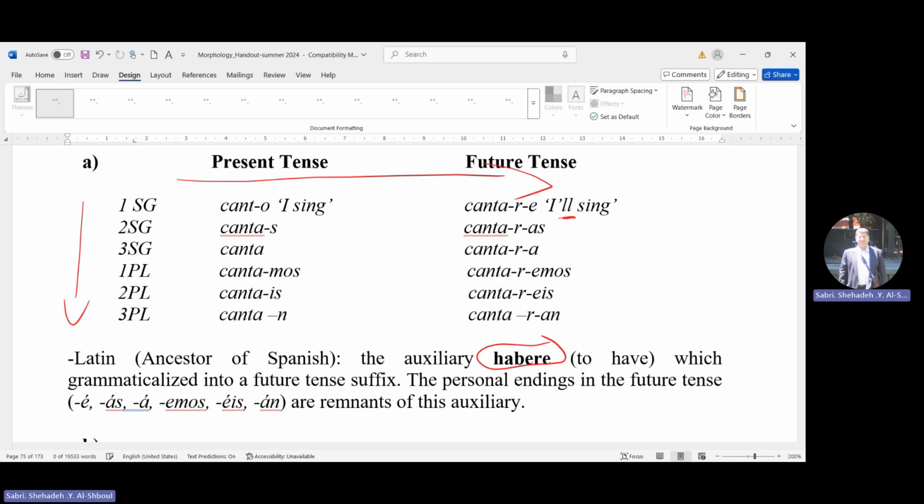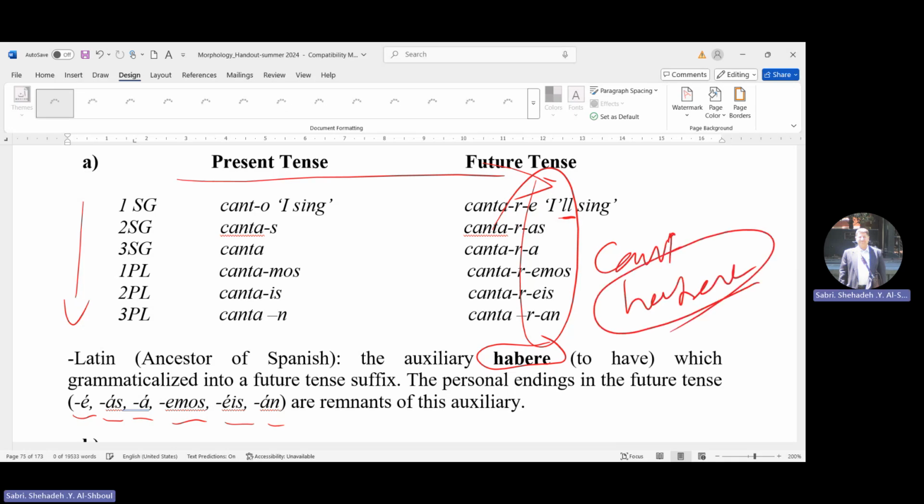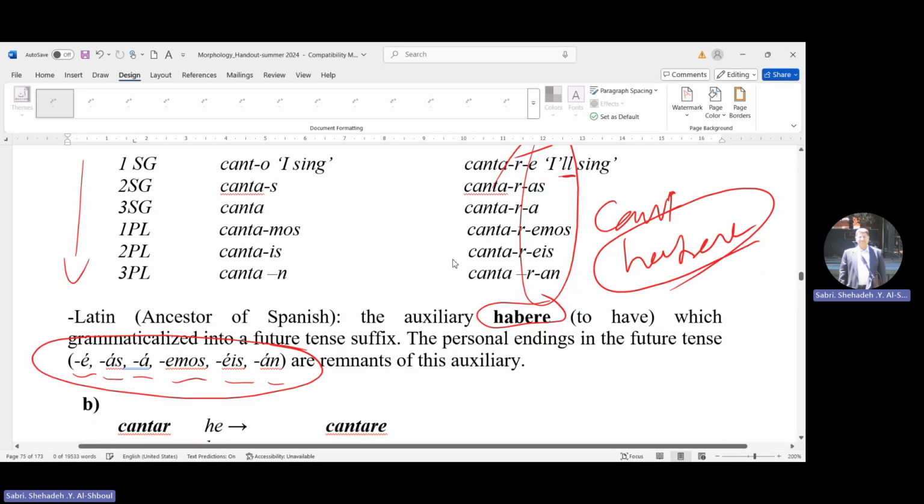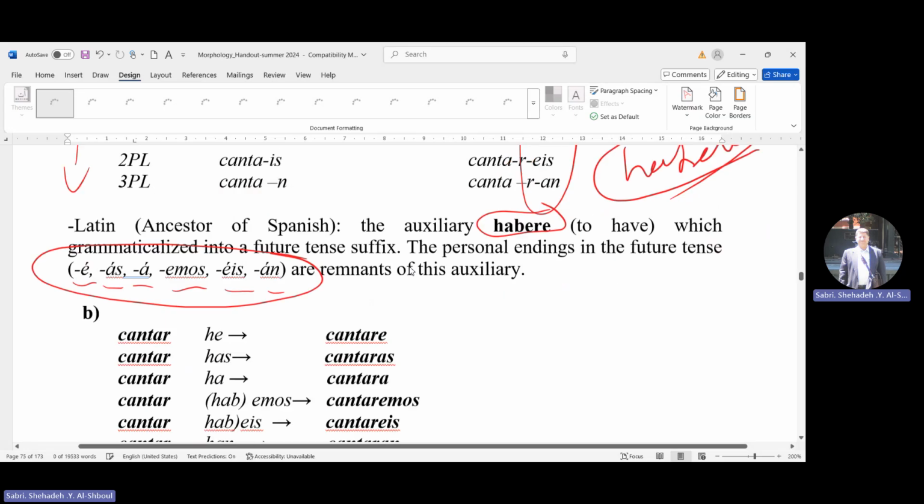So the personal endings in the future tense patterns are é, ás, á, emos, éis, and án that we see here. So typically it is cantare habere, right? And this habere has been grammaticalized to, as we said, é, ás, á, emos, éis, and án to represent grammaticalization in this interesting language.